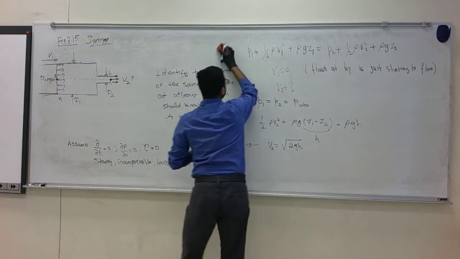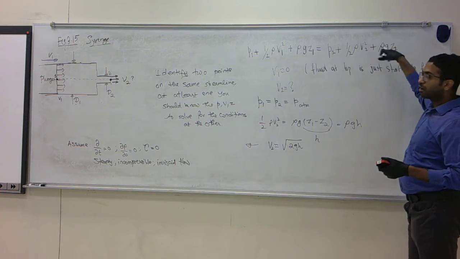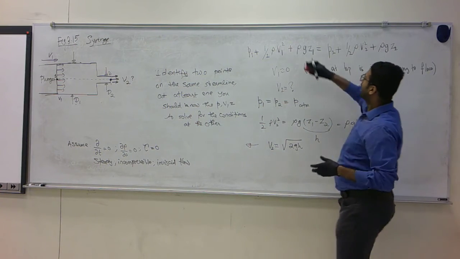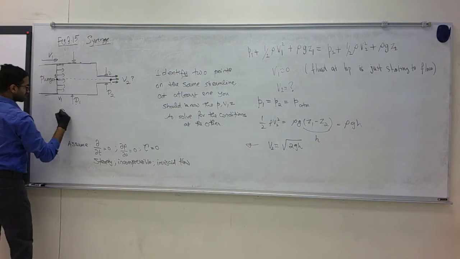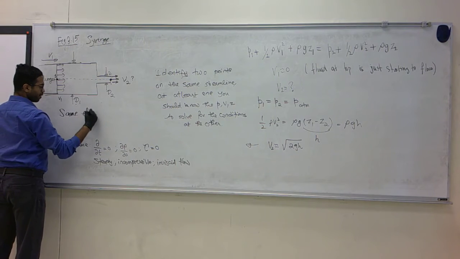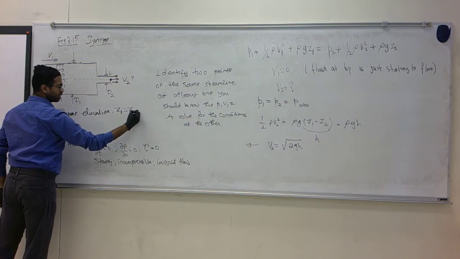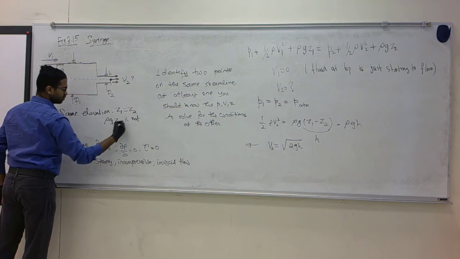So what I am going to write is the same equation, P1 plus half rho V1 squared plus rho g Z1 equals the other, and I am going to say they are at the same elevation. So we don't have to worry about the term, Z1 equals Z2, we'll just drop rho g Z, it's not changing.